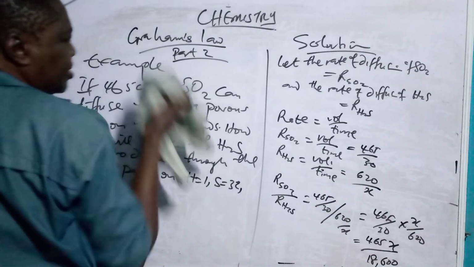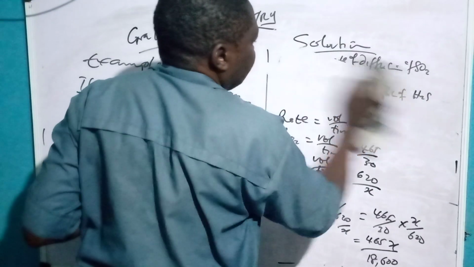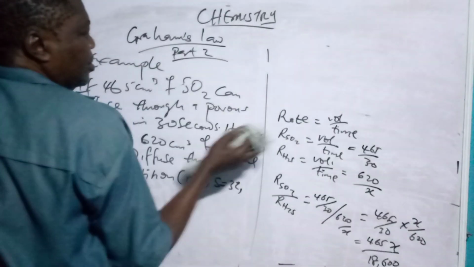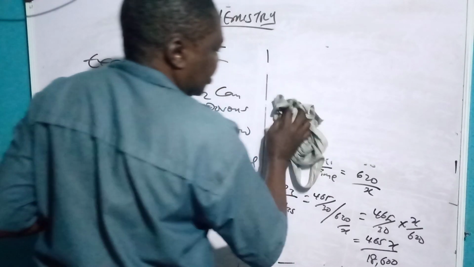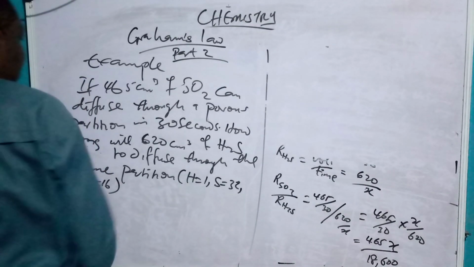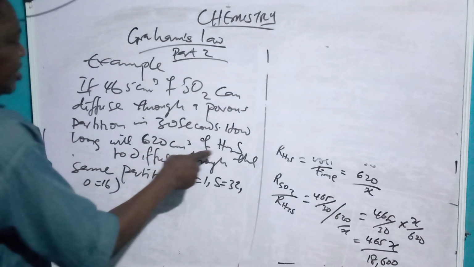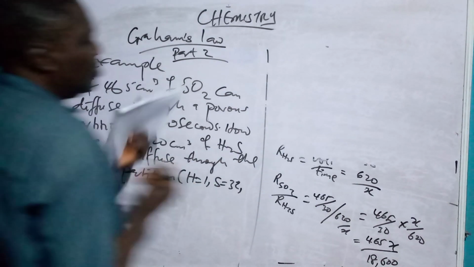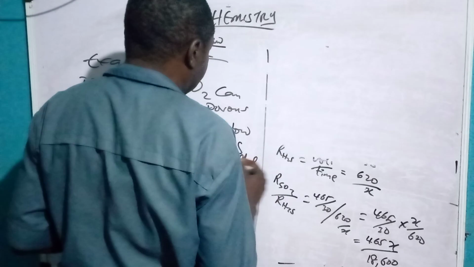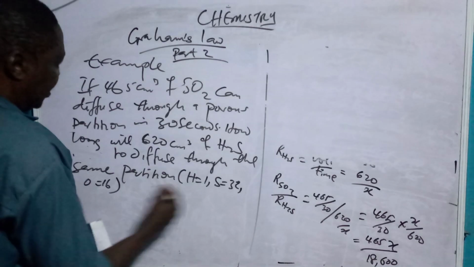Let's erase the top part of it. Remember, they said how long will 620 cm³ of H2S take? So we use the relationship between the rates and the relative molecular masses, because we know the relative molecular mass. They give us this as a guide.